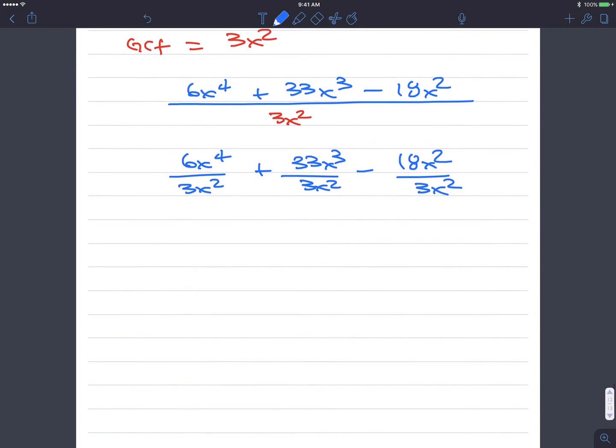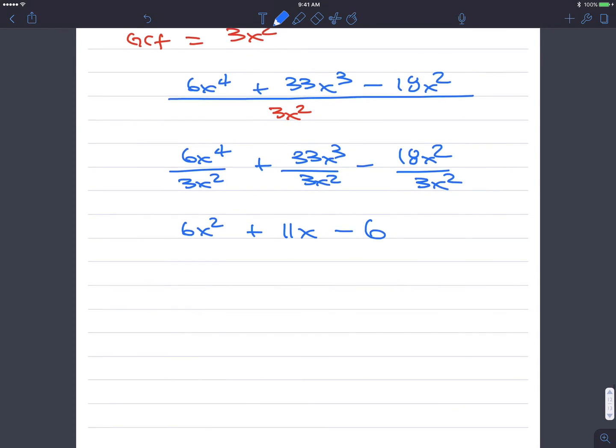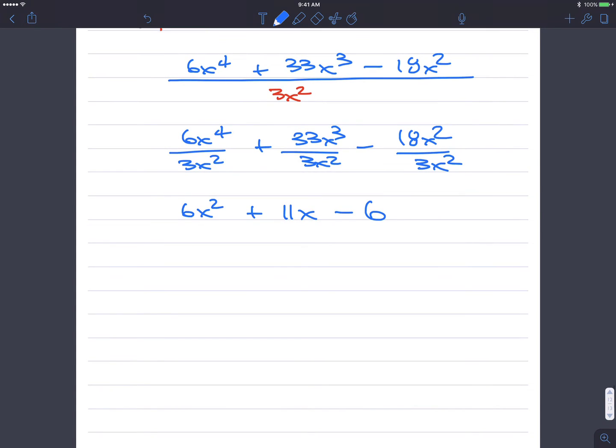What do you get? 6x squared plus 11x minus 6. Is that true? Is that what you get when you get this quotient here?